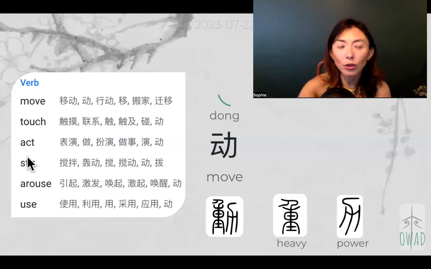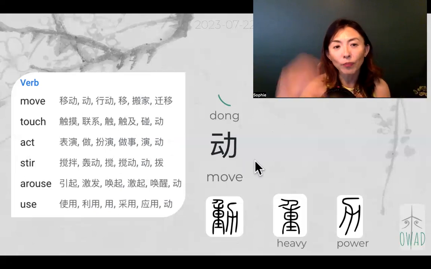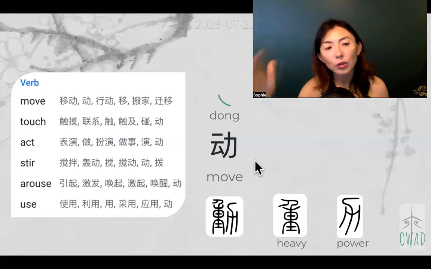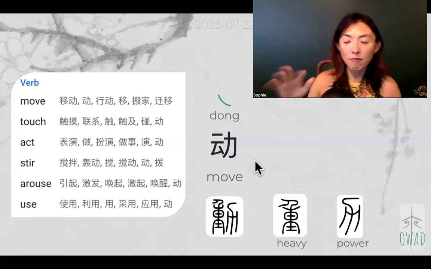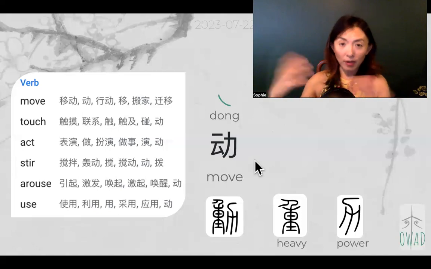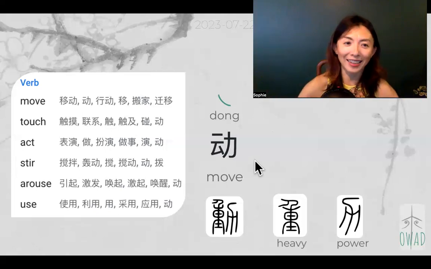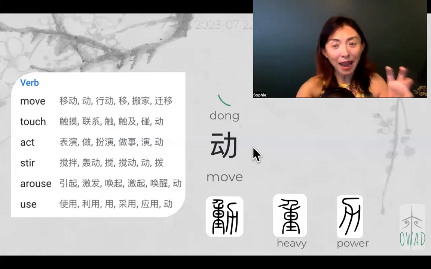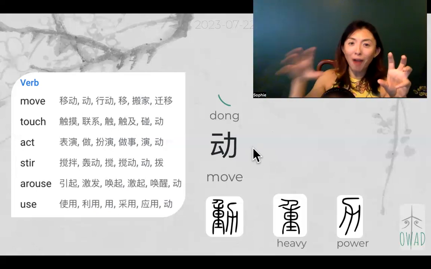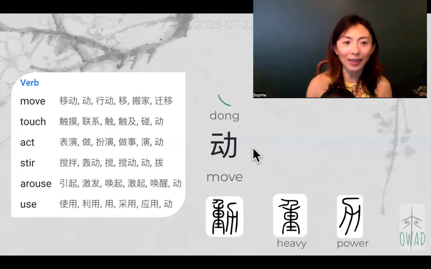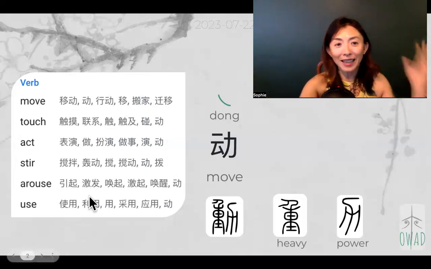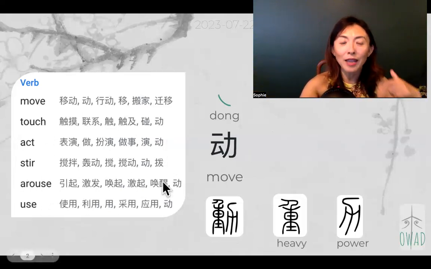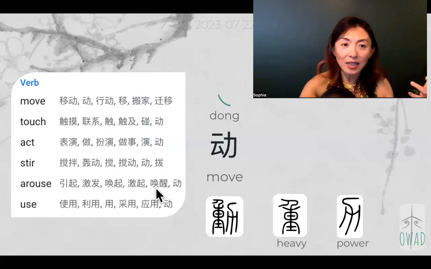And 动 can also be act, because when we pair 动 with 做动作, like you are moving in front of a camera, that's your acting. I mean, this can all be explainable, right? The same character applied into different contexts gains different meanings. And 动 can be arouse, again, just like touch. Arouse is another translation of emotionally move somebody, right?